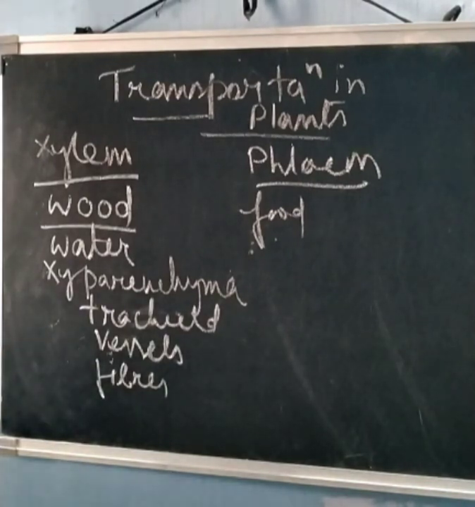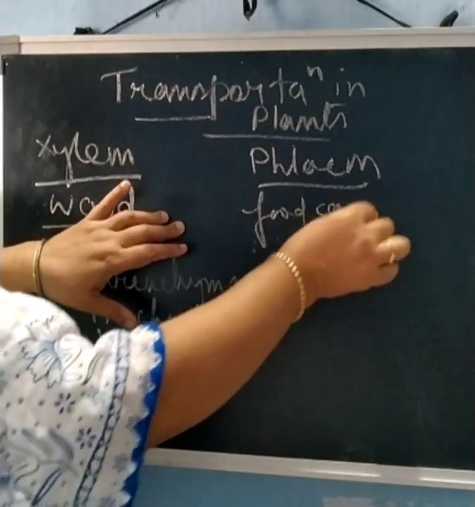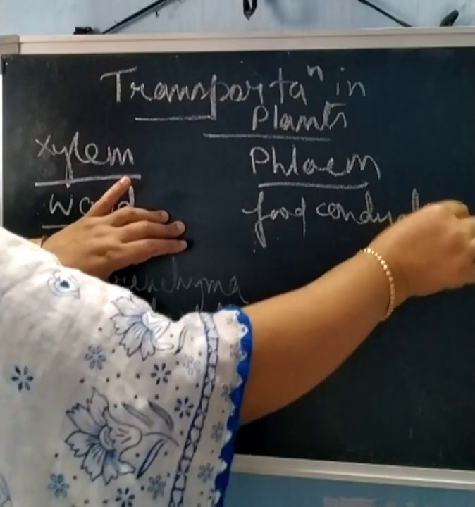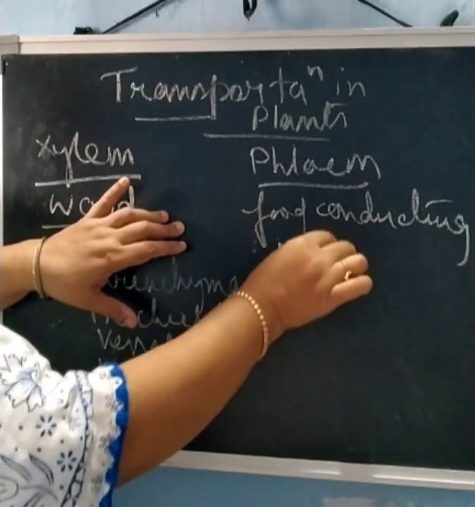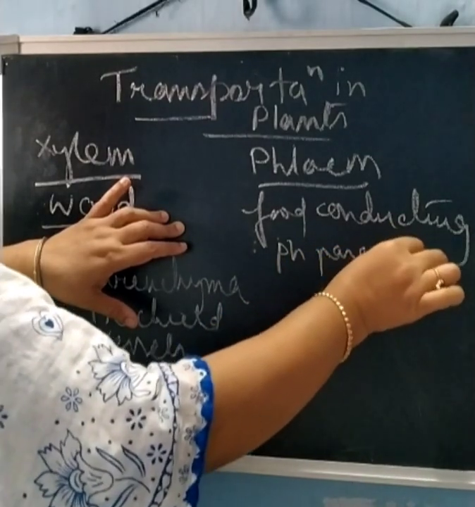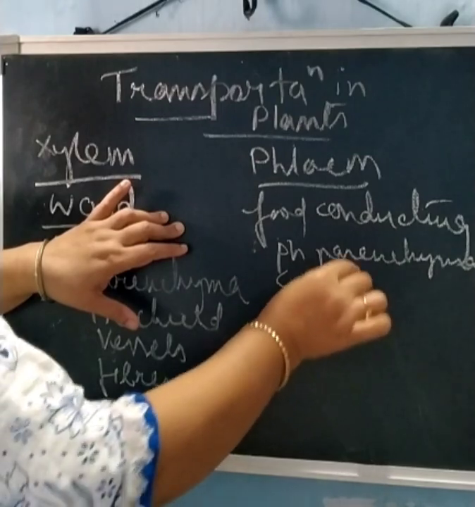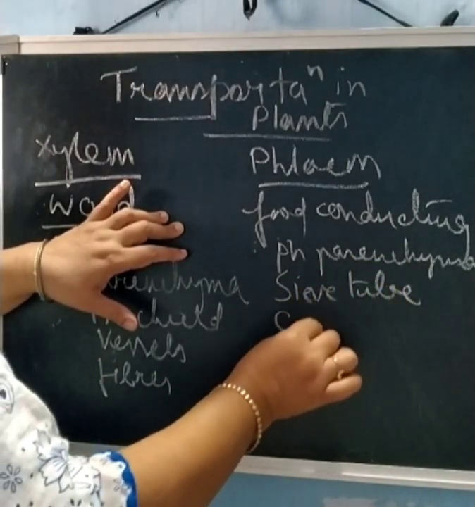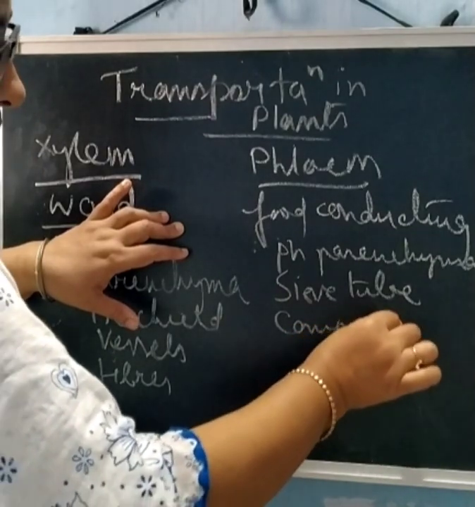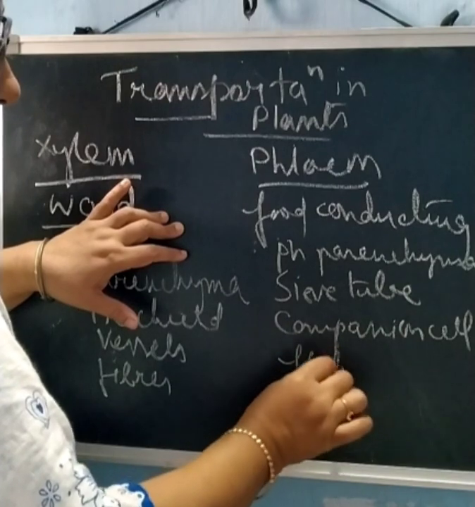And next one is phloem, and that's a food conducting tissue. Okay, so this is a food conducting tissue. And it has phloem parenchyma, along with that sieve tubes, then companion cells, and phloem fibers.